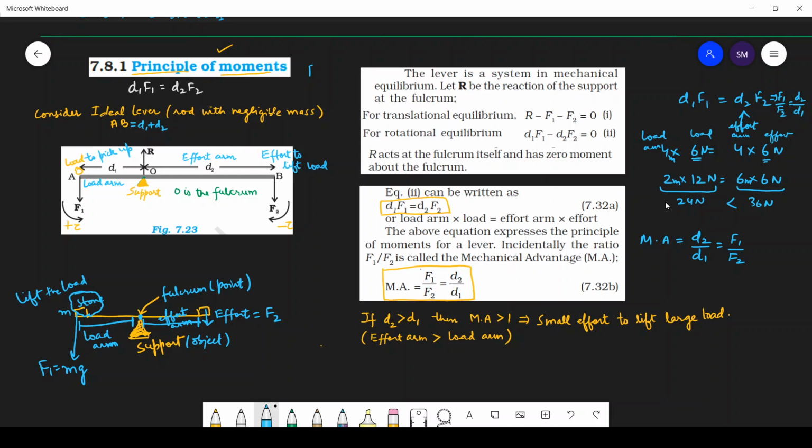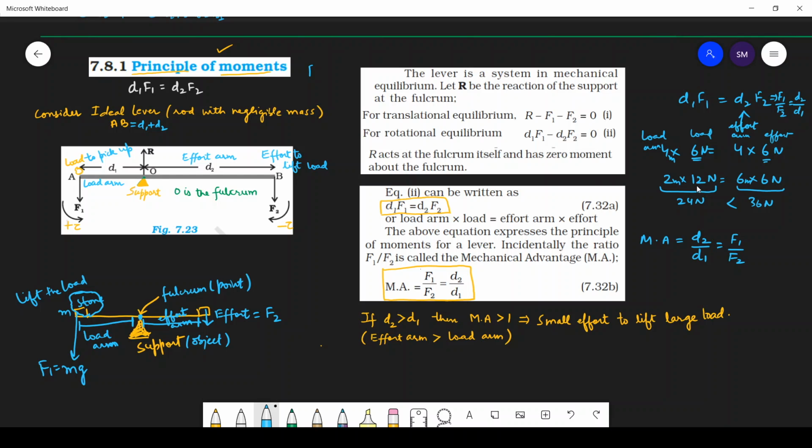You can see that D1 is 2 meters and D2 is 6 meters, right? Here, definitely, with this much, there will be acceleration, and this part will go up with acceleration.